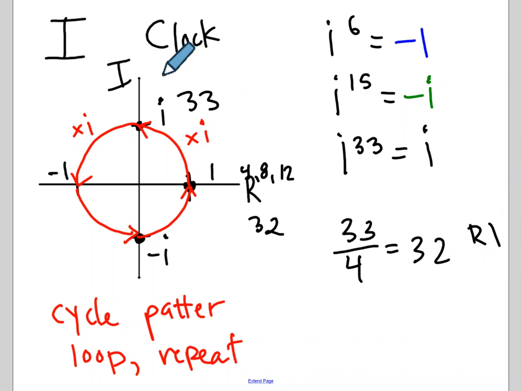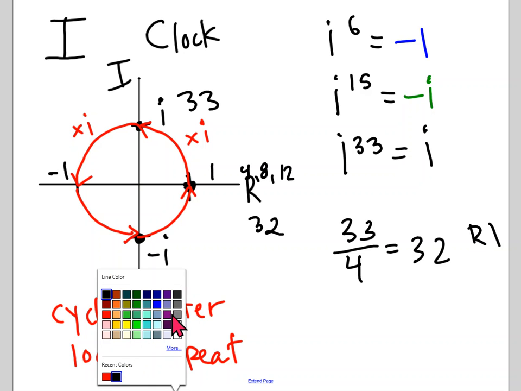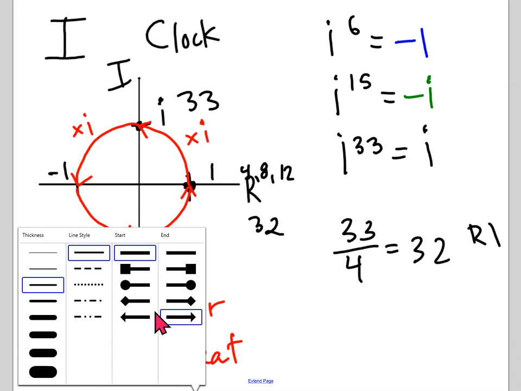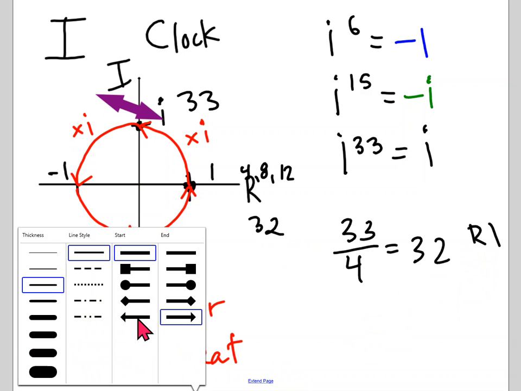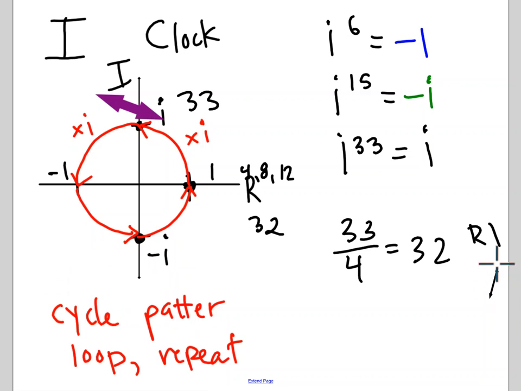The remainder will tell you the particular location you are looking for. See that? The remainder will tell you what you are looking for. Remainder 1 goes right here.